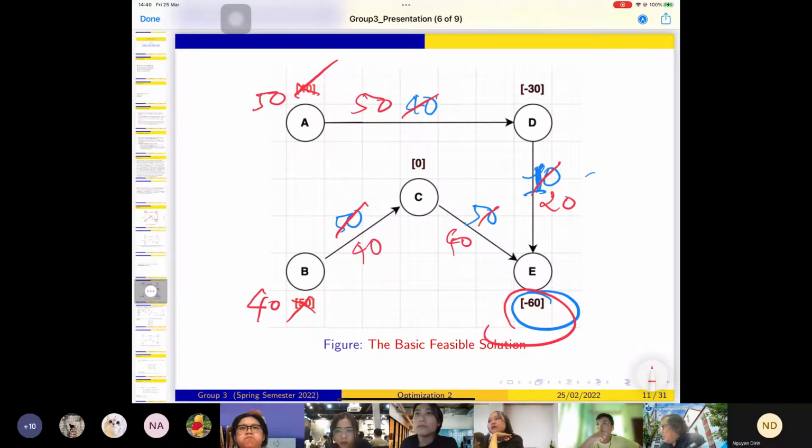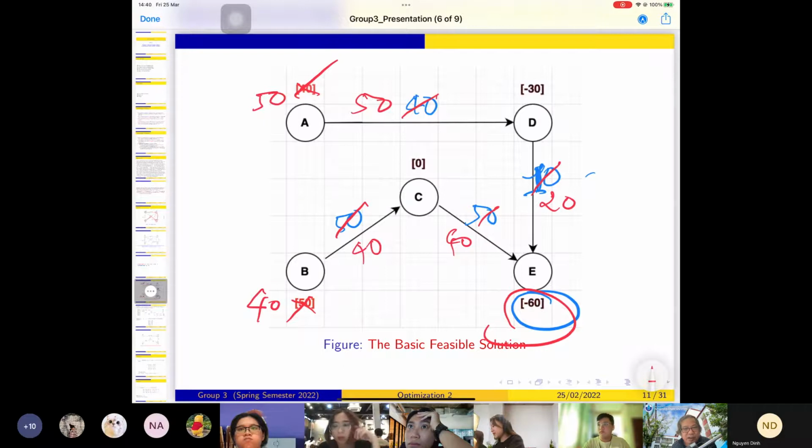So why did you change to 40, 50 at AB, you move and you change it? I don't understand. And this does not violate any rules. Is that okay? Because UCE is 80, but I moved just only 40. UBC has no upper bound, so UBC, I move 40, that is okay.